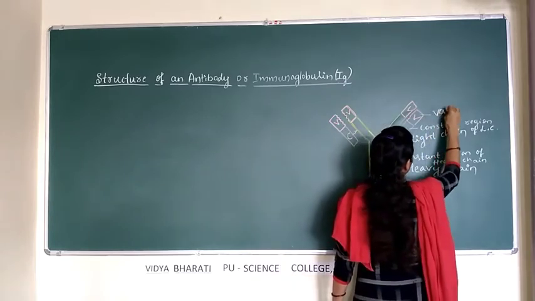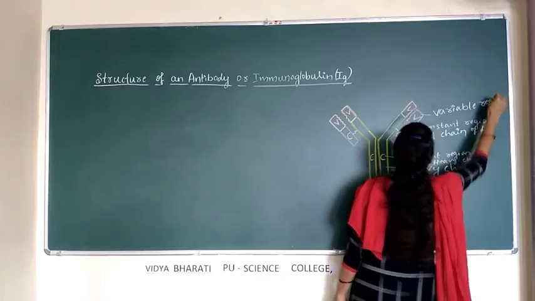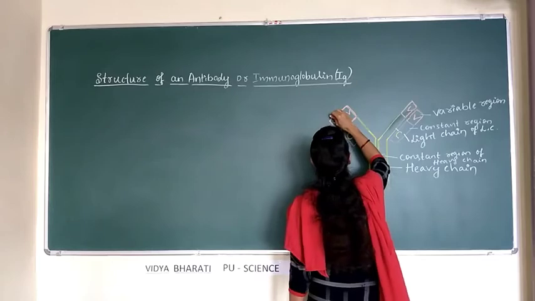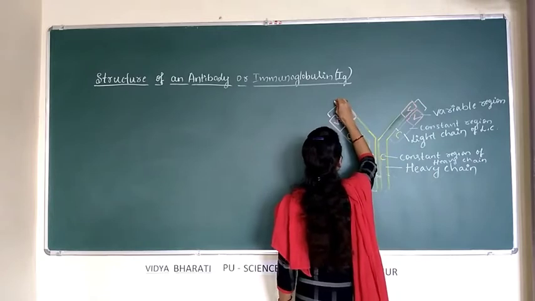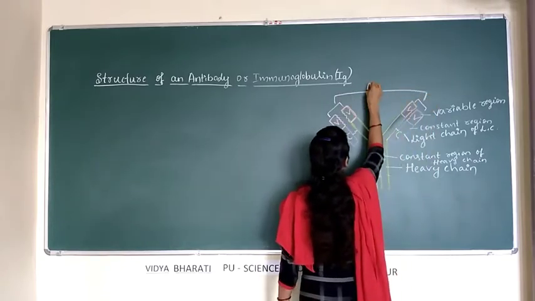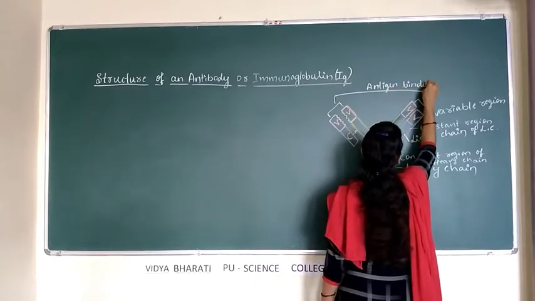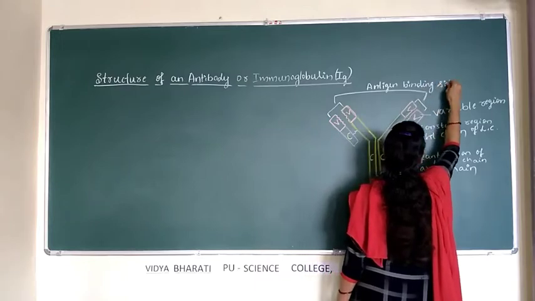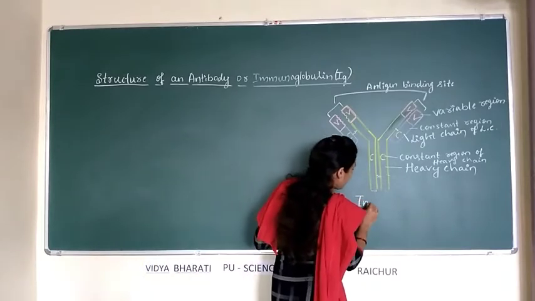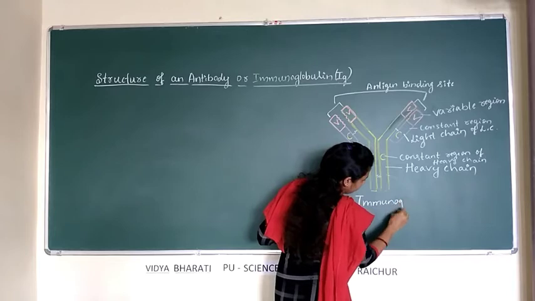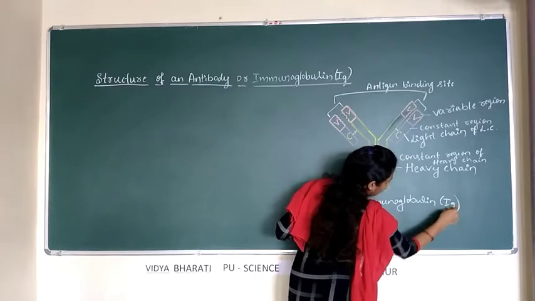This is the variable region, and this variable region forms the antigen binding site. This is the structure of an immunoglobulin or antibody, Ig.